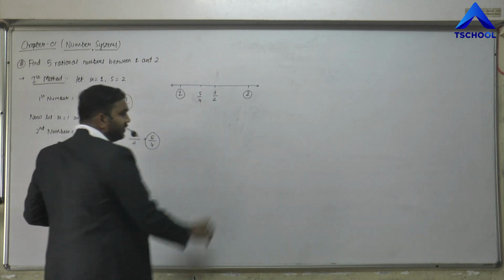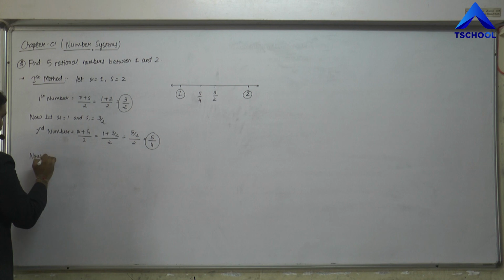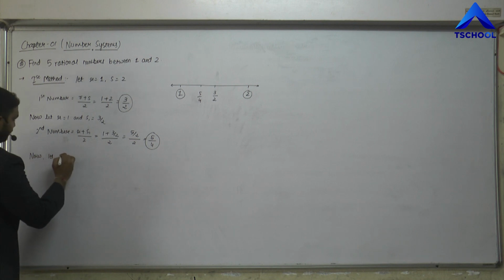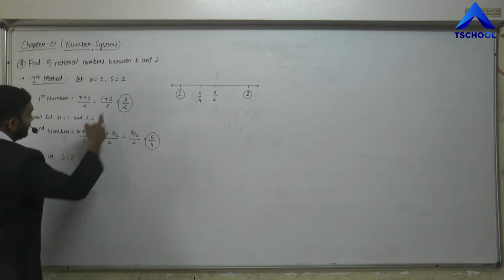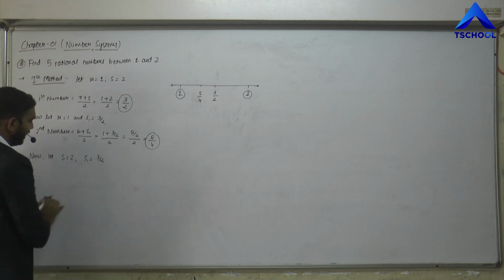Similarly, I shall also find a number between 3 by 2 and 2. Now we already know that s is equal to 2 and s1 is equal to 3 by 2.